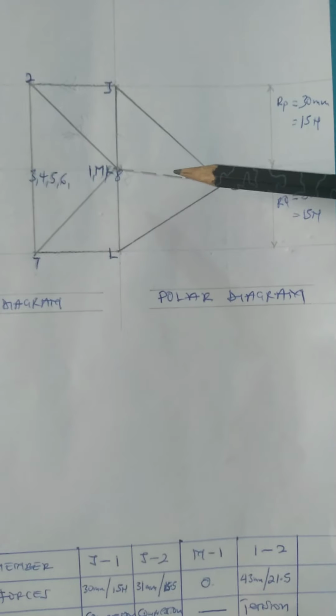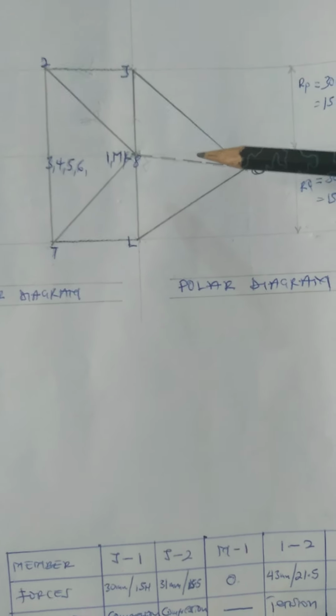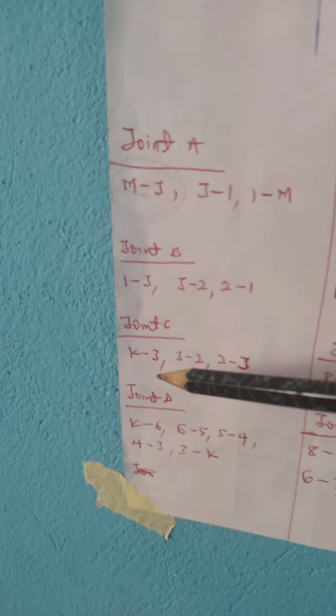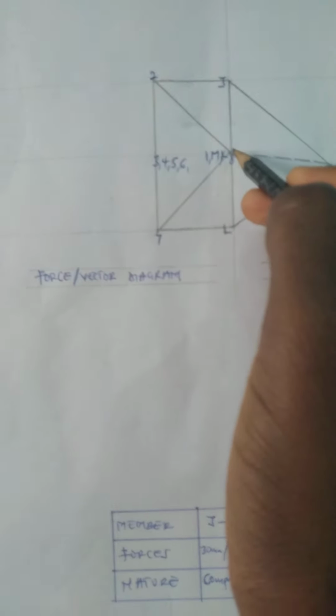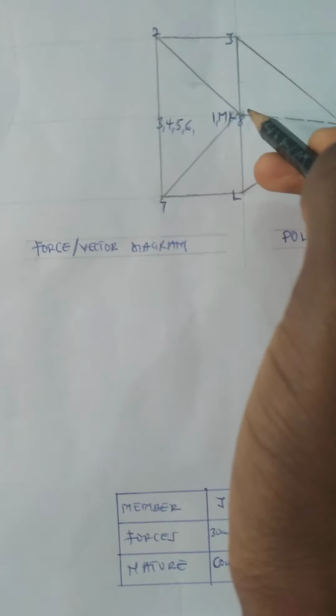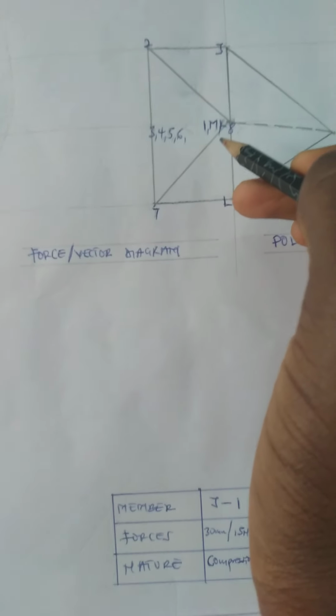Okay, so we move straight to the vector diagram. The first member we have to consider is K3. Now K3 in the vector diagram, this is K and this is 3. So we'll be moving from K to 3, in this direction.